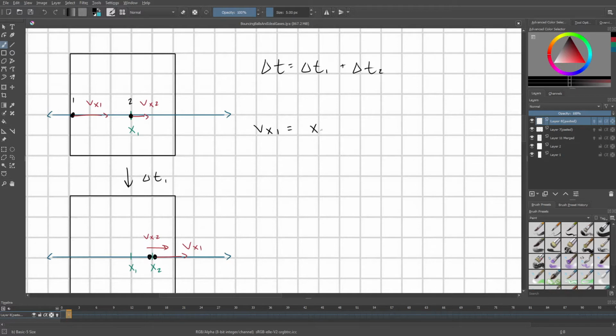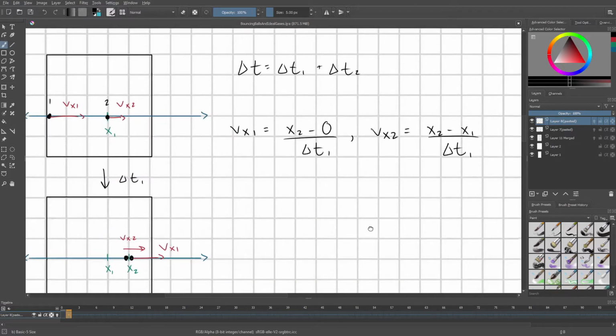So x2 minus 0 over delta t1. And we also know that my second particle, particle 2, is going to have a speed vx2. And it's going to have a displacement of x2 minus x1 over the same change in time, delta t1.